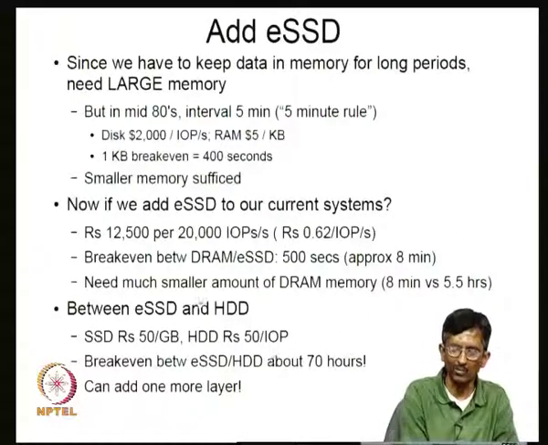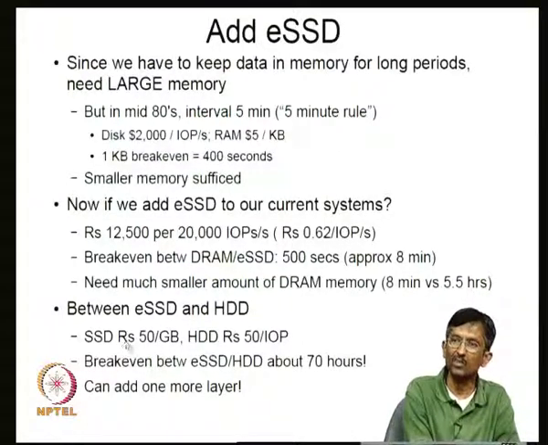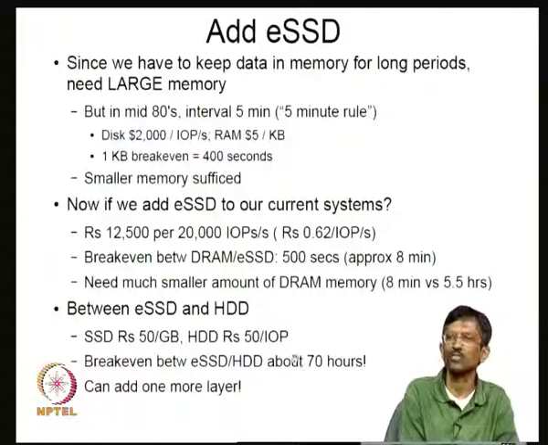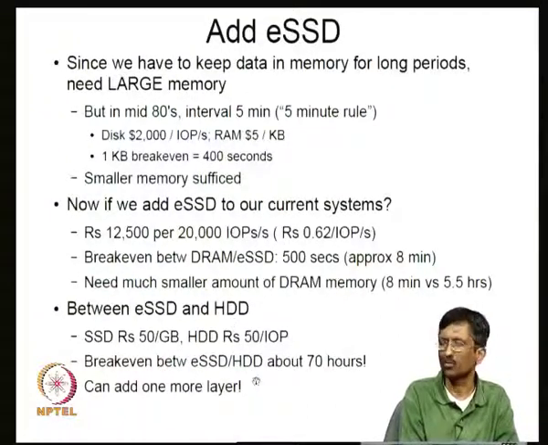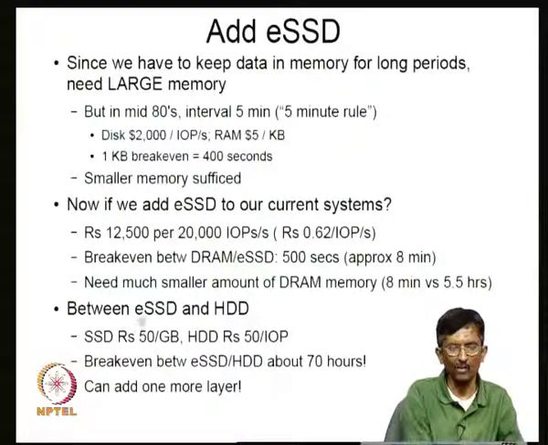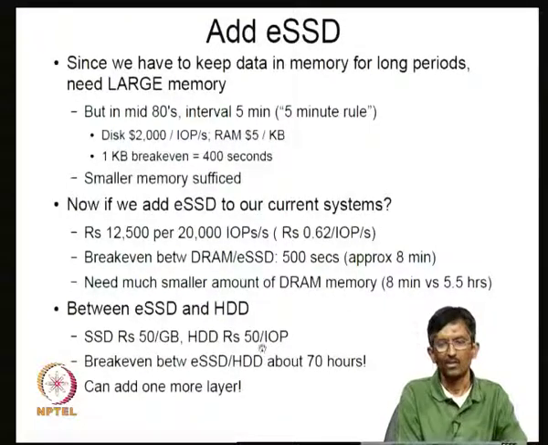For example, this means you need a fairly big SSD, because that SSD has to absorb all the writes for 70 hours. So you might find that by adding one more layer, you can reduce it to some more manageable size, because the bigger the SSD, the more costly it is. So I hope this is clear.